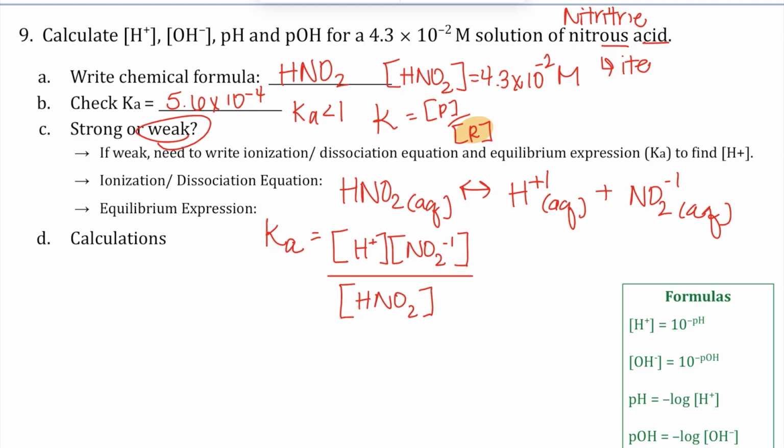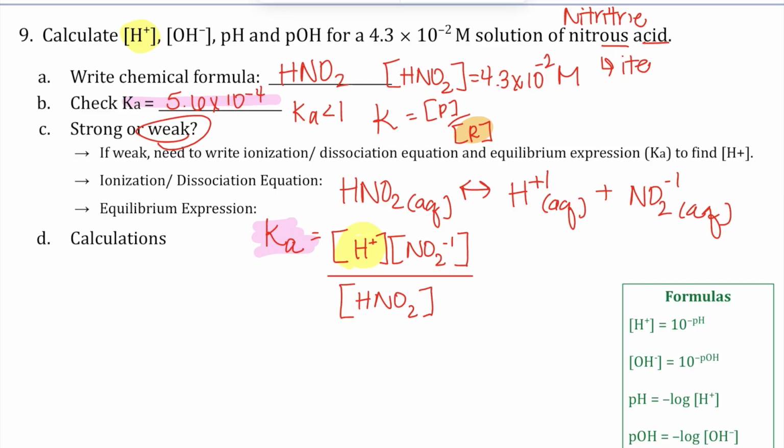So now what do I need to find? Looking at these 4 pieces of information, well, I have this H plus in this Ka expression. So do I have enough information that I can solve for that? Well, I went to my formula sheet and I have a Ka value, so I could plug that in.